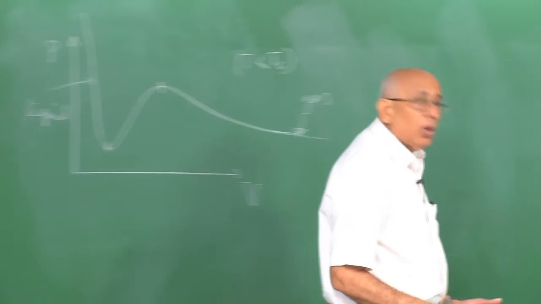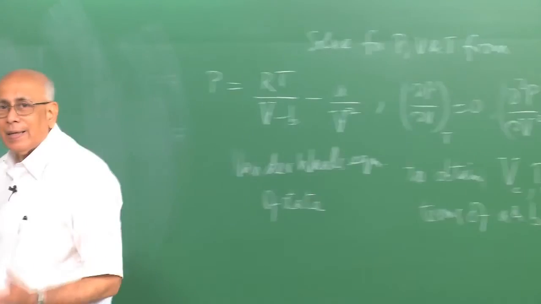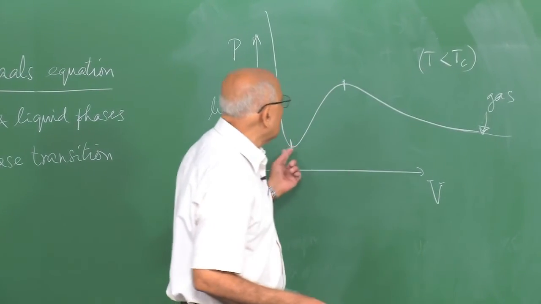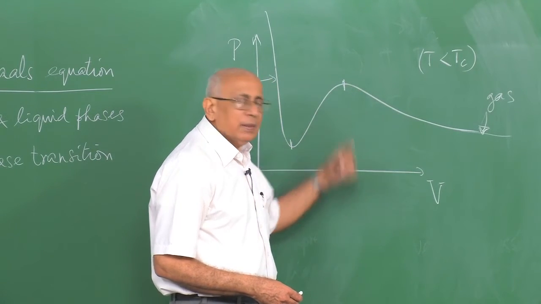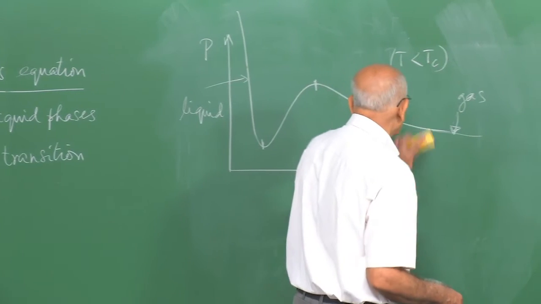The model is wrong. The van der Waals equation of state cannot be completely correct. It is oversimplified in certain ways so that you end up with this unphysical portion of the isotherm. It has another consequence.